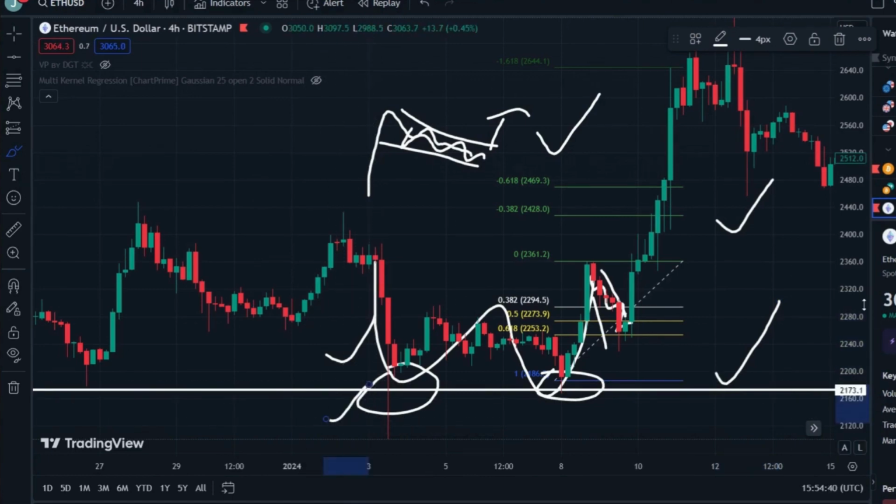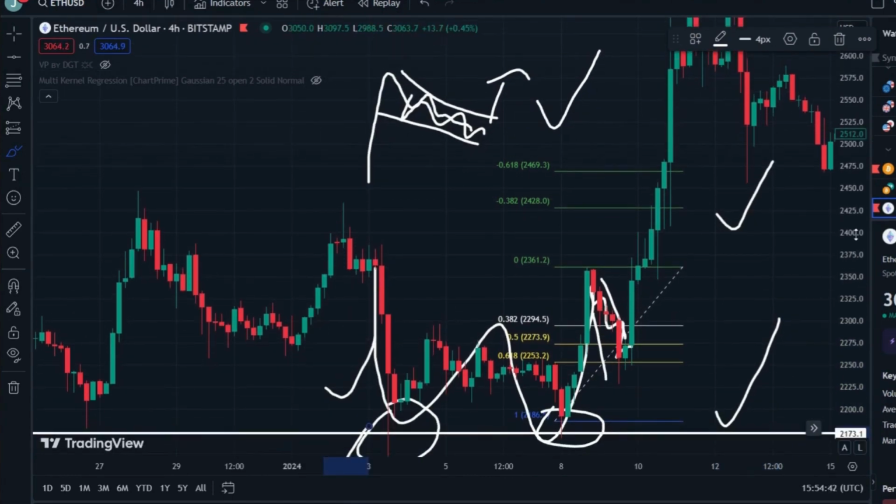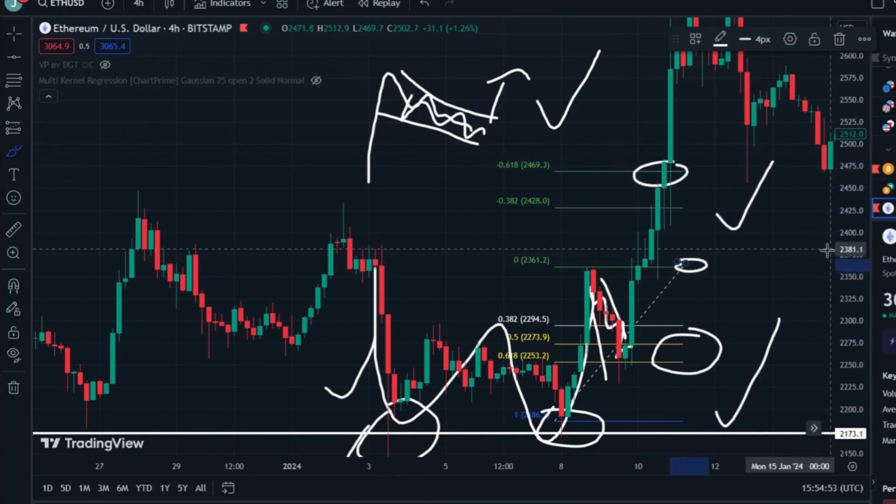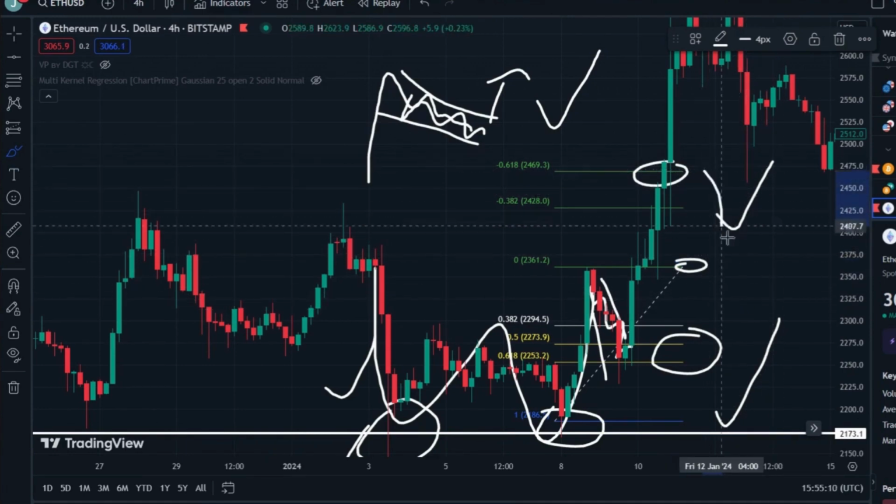And as we can see, all of these can be helpful for us to take a long position at this level, and close our position at this level, or maybe we can close our position here, not all of the position, just some of the shares that we have in our portfolio, and let the other part of our portfolio run at these prices to have a good increase here.